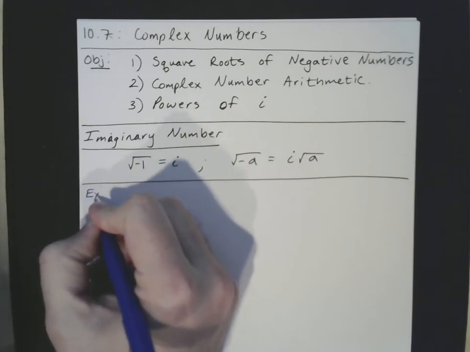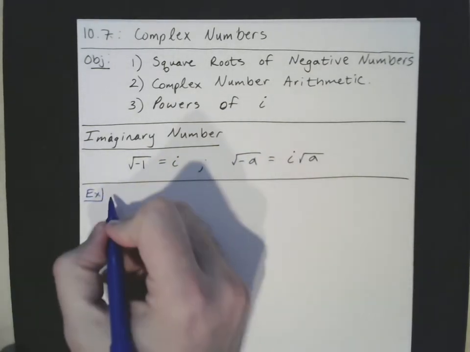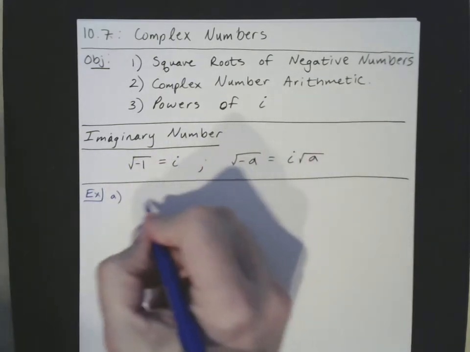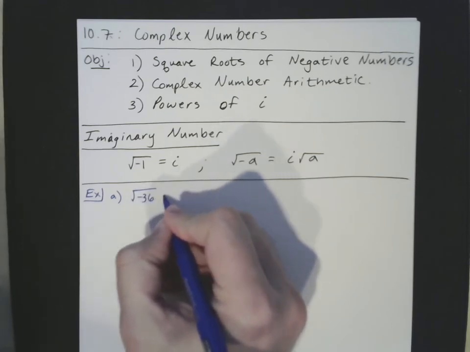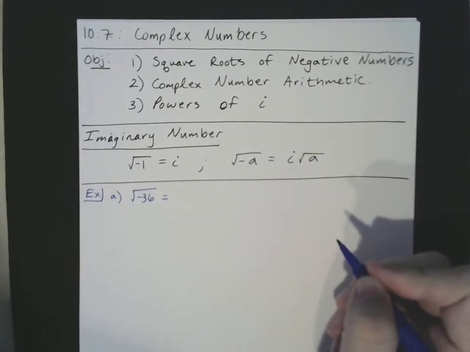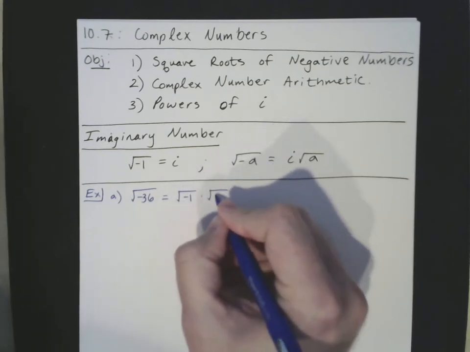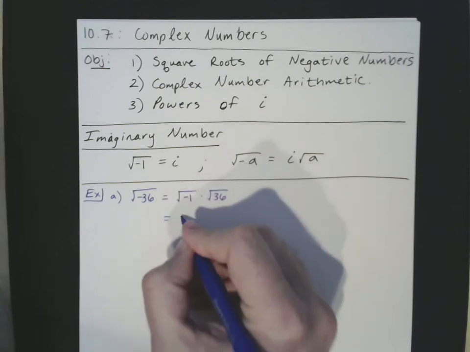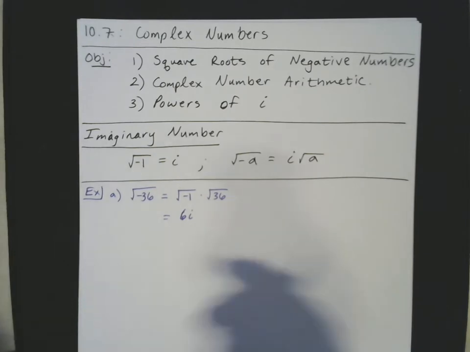And this is really leading us right into chapter 11. But just a couple quick examples here to see how this property works. Let's say we had something like the square root of negative 36. Using our product property, we can split this into the square root of negative 1 times the square root of 36, which gives us i times 6, or 6i is how we typically write that.